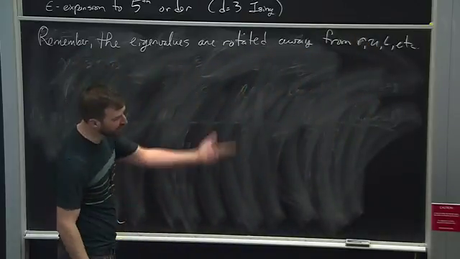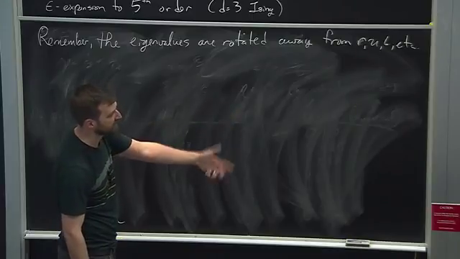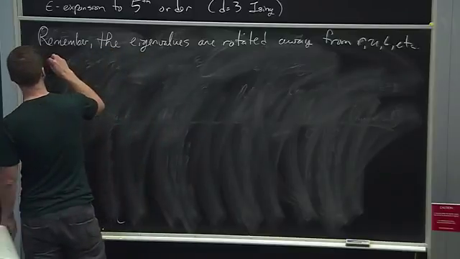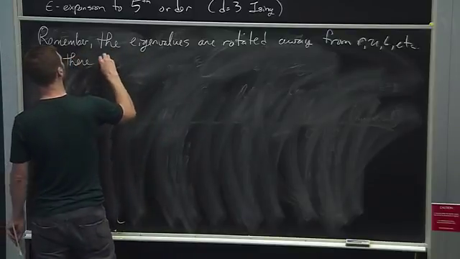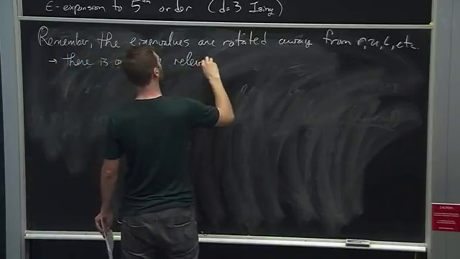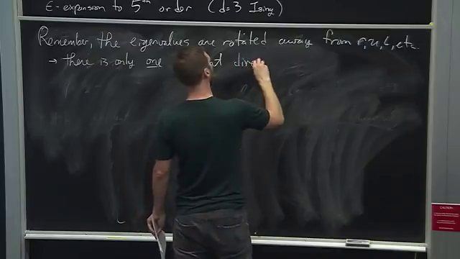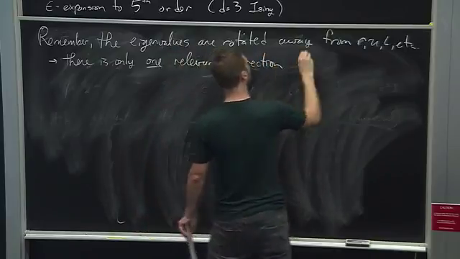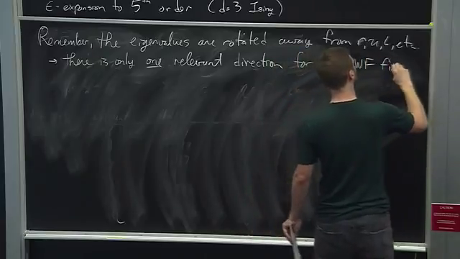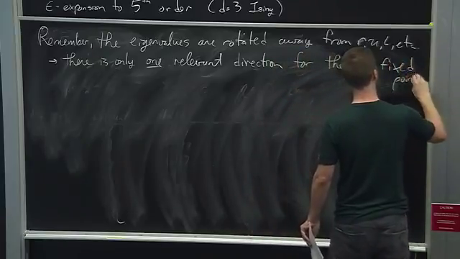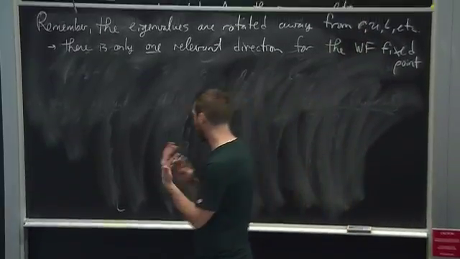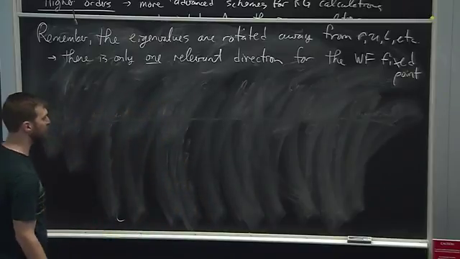There's still only one relevant direction associated with t, y of t, or r, whatever you want to call it. So we had this RG flow, but now we're in this higher dimensional parameter space.